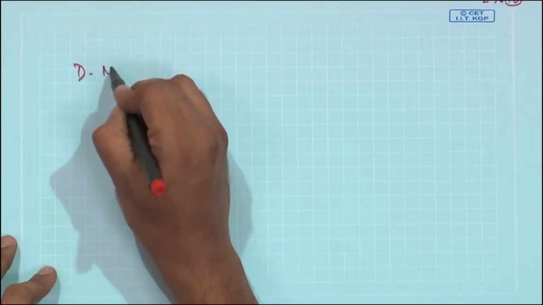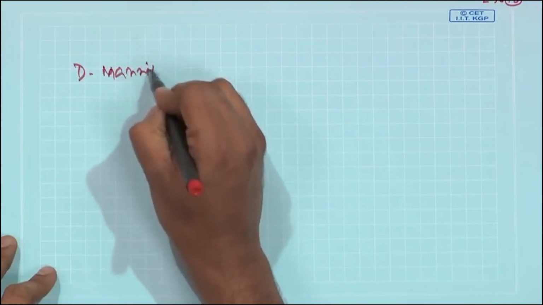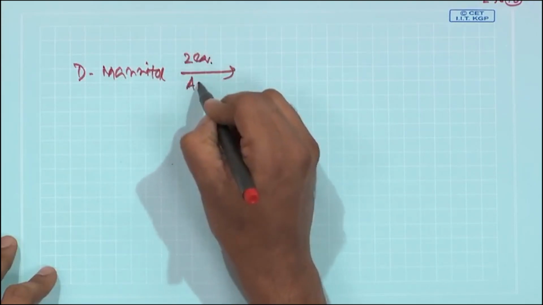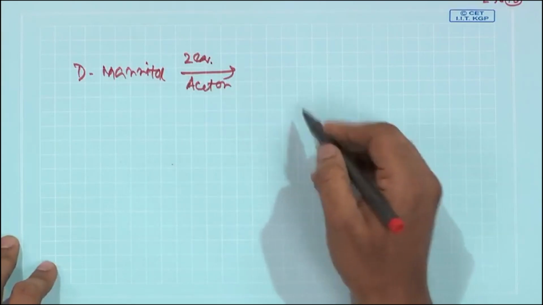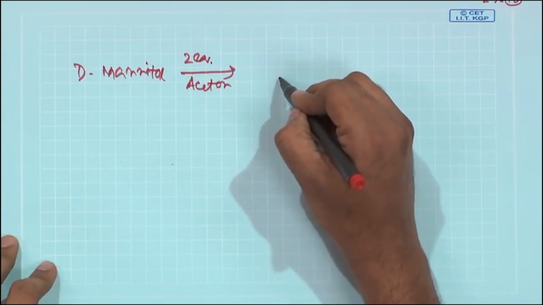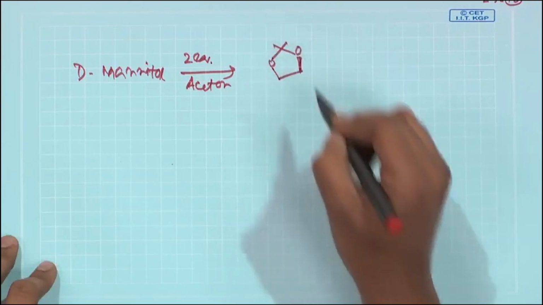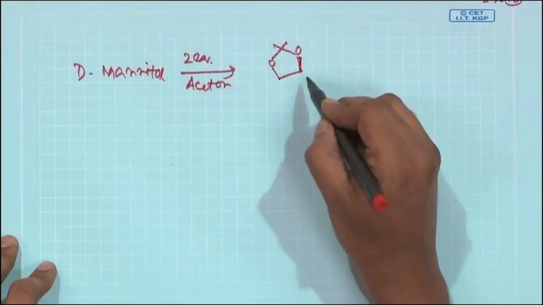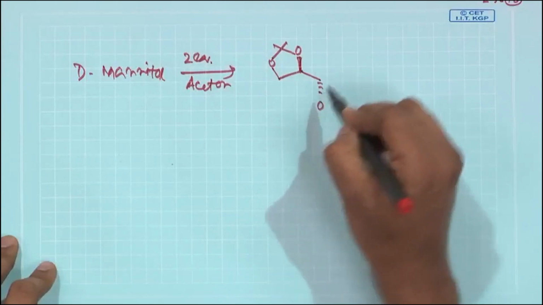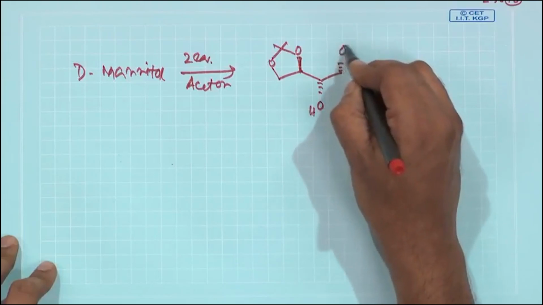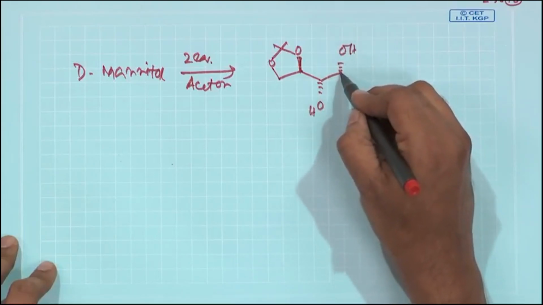What I am saying is, you first take this D-mannitol. If you react D-mannitol with 2 equivalents of acetone, you will initially get the acetonide protected compound, and normally the 1,2-diol will react, keeping the 3,4-diol free.